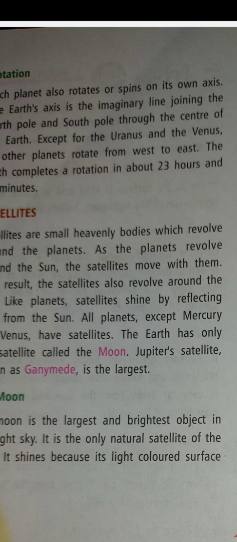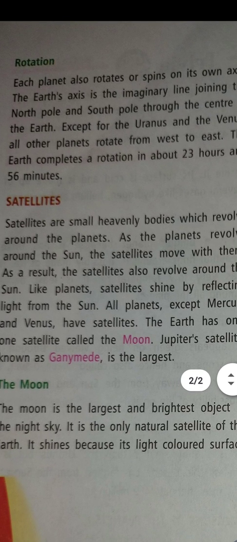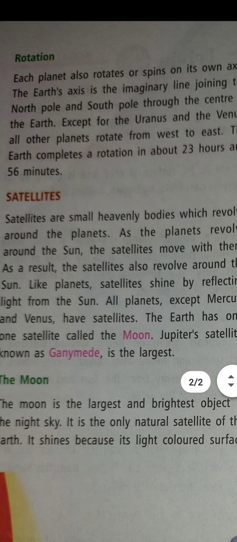The other planets rotate from the west direction to the east direction. The Earth completes one rotation in about 23 hours and 56 minutes on its own axis.